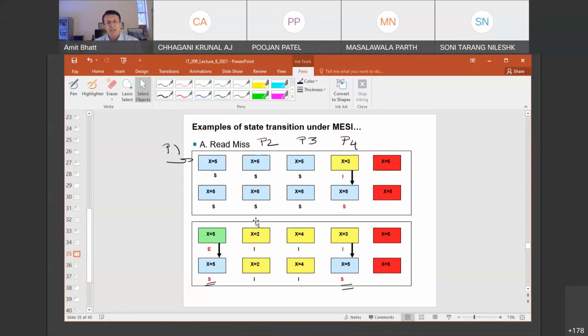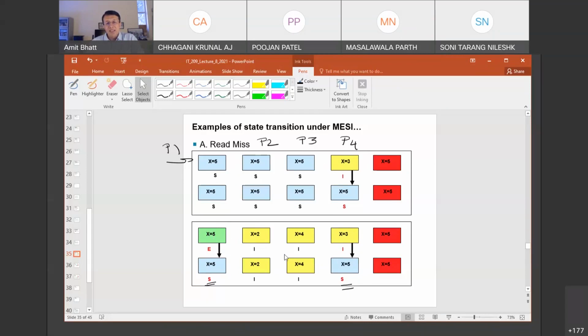The second example was that this particular block had just corrected its value, and it had time to go to main memory and write it back. So it has written this value into main memory.